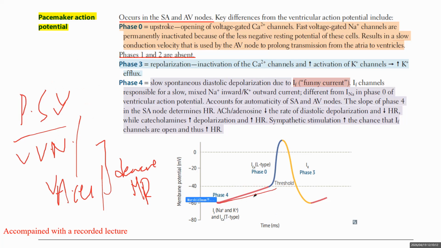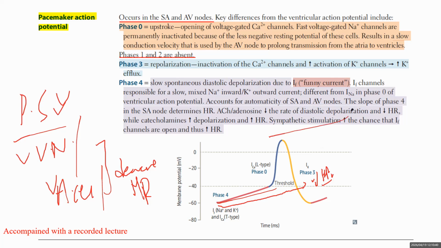If phase 4 becomes flatter and goes very slowly, it will reach the threshold slower, so the heart rate also gets slower, and fewer action potentials are generated. So we can simply say that parasympathetic stimulation causes slower phase 4 depolarization, leading to delayed threshold, decreased firing rate, and decreased heart rate.